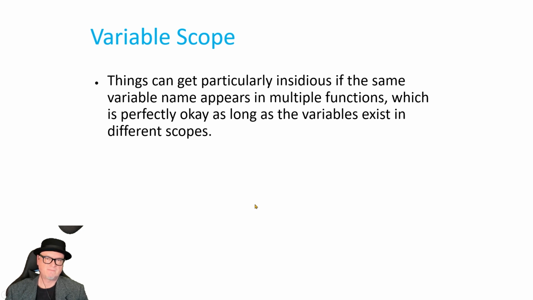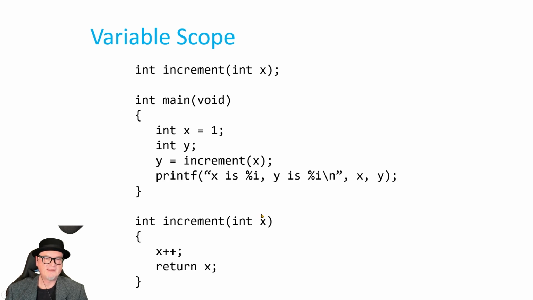Now, this is, in a way, very straightforward, but it starts to get weird if the same variable name appears in different functions. If they only appear local in different functions, that's fine, as long as they exist in different scopes. Like here, where we're declaring the function that has an input of x.